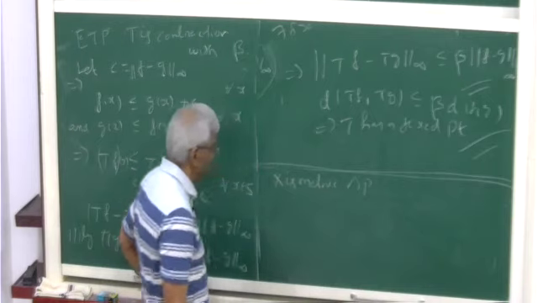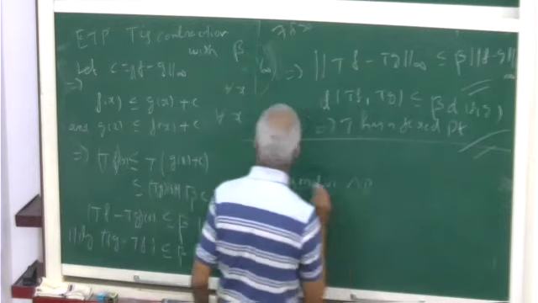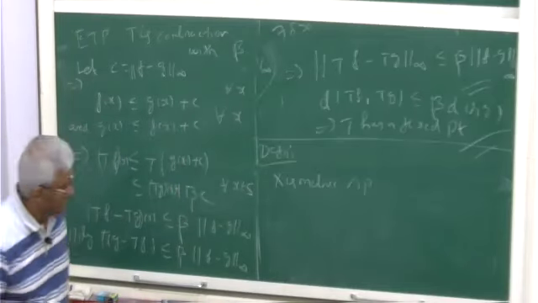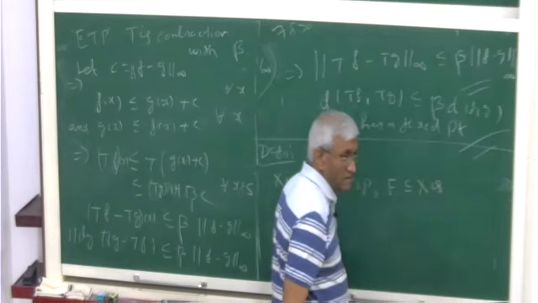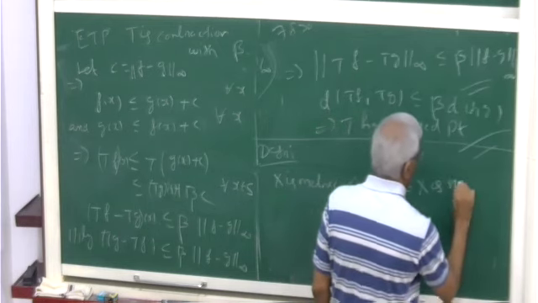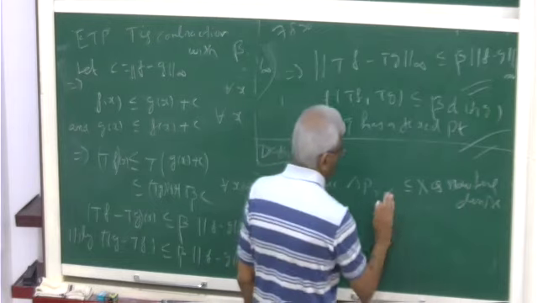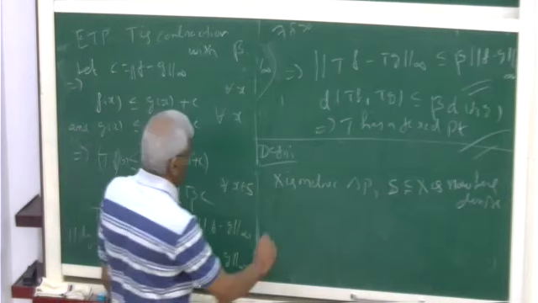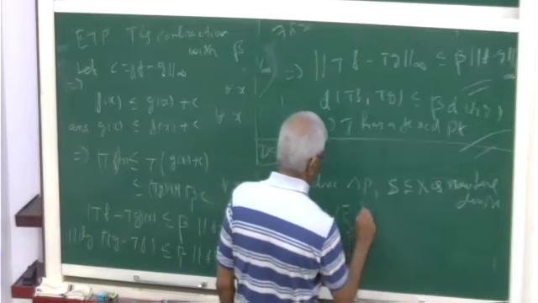A set F contained in X, or S contained in X, usually F is for a closed set, is said to be nowhere dense if the interior of the closure of S is empty.